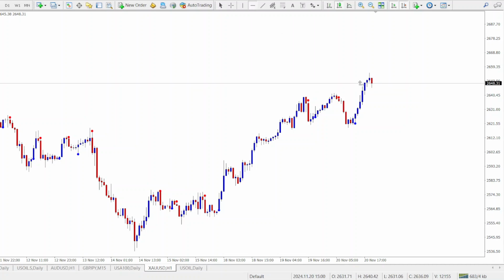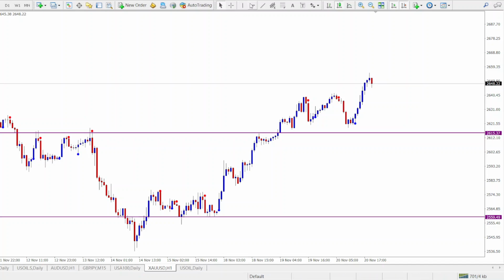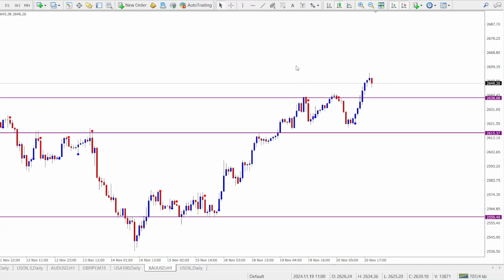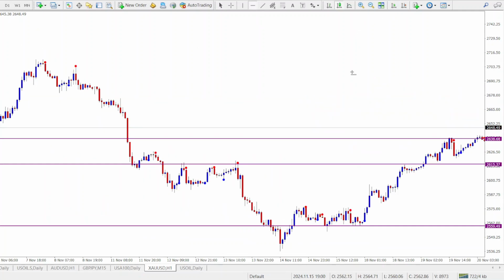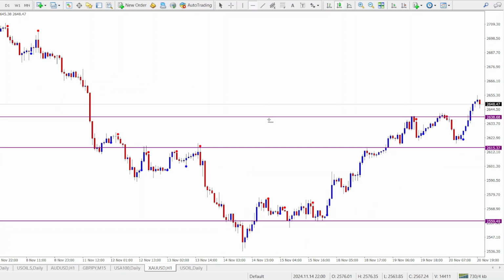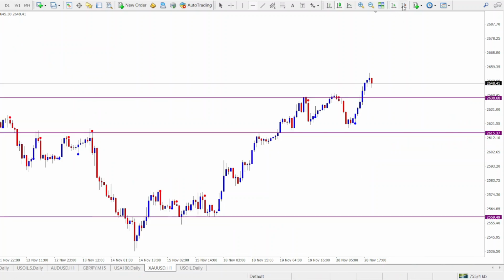You should also make use of support and resistance zones. Plot support and resistance zones on your chart because they are going to give you insight as to potential reversal zones. You don't have to wait for the indicator to tell you when to exit your trade before you exit, because sometimes indicators can be lagging.